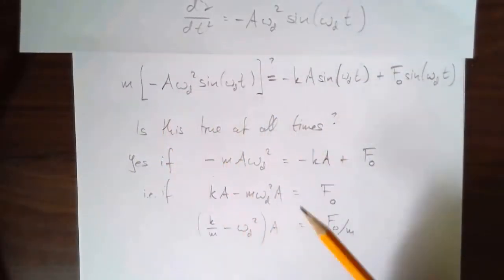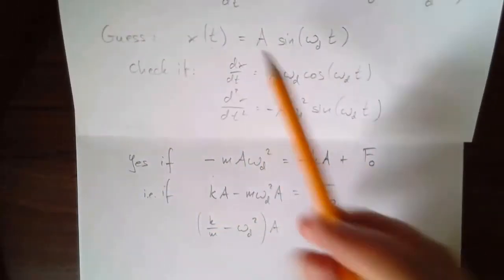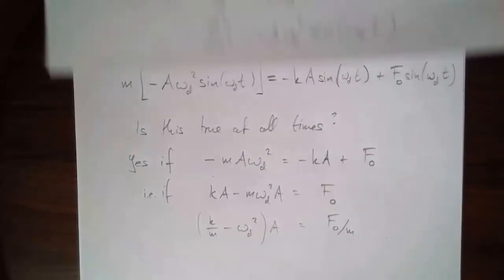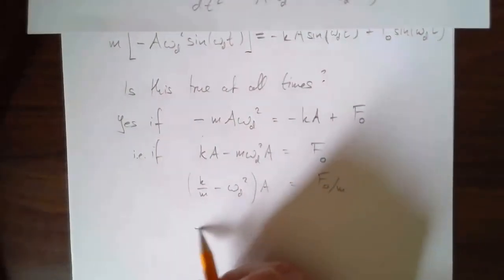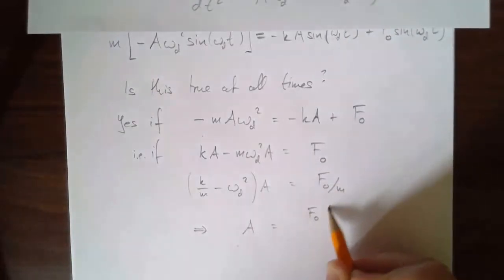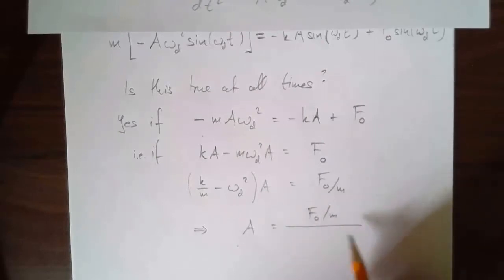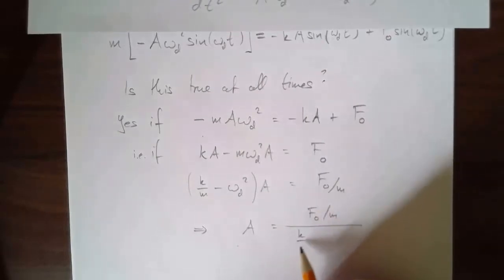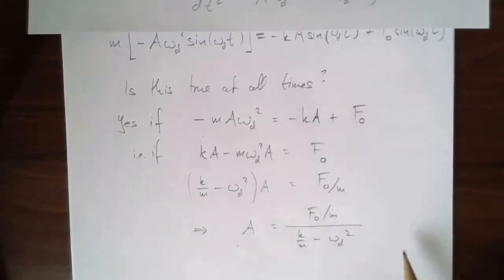So this equation is true, right? The system is allowed to oscillate with this driving frequency, provided the amplitude turns out to be F naught over m, and this was just part of the robot setting, divided by k over m minus omega d squared.